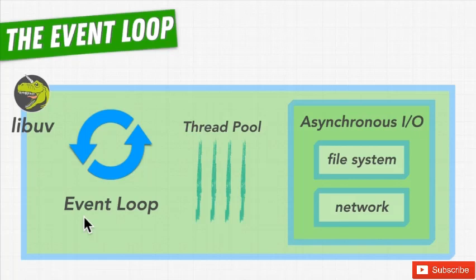Those callback functions which allow Node to execute code asynchronously. It's this event loop that allows your Node program to do multiple things all at once, even though JavaScript is a single-threaded language.